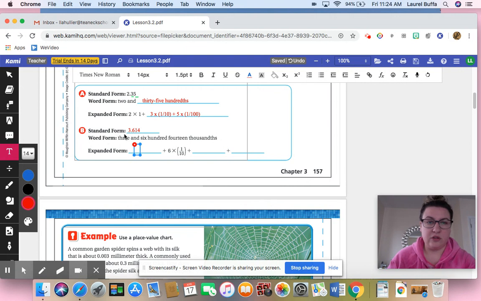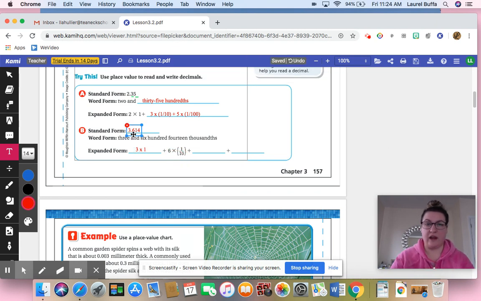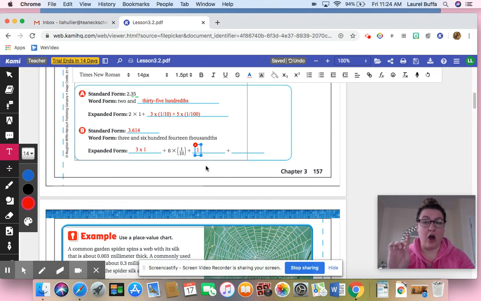For our expanded form, we have to represent each number according to its place value in the decimal. So the 3 is in the ones place, so we represent that by 3 times 1. The 6 is in the first place to the right of the decimal point, so that's tenths. So that's 6 times 1/10. Then we have our 1 in the hundredths place, so 1 times 1/100, plus our last digit is a 4, which is in the 3rd space, which represents the thousandths place.